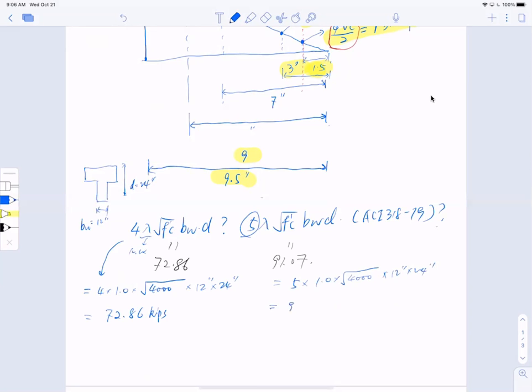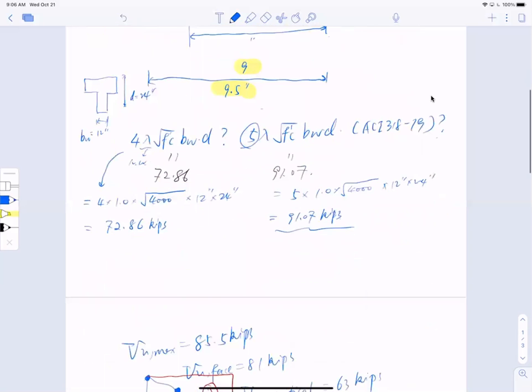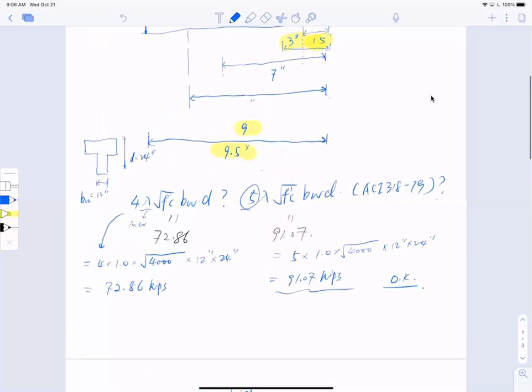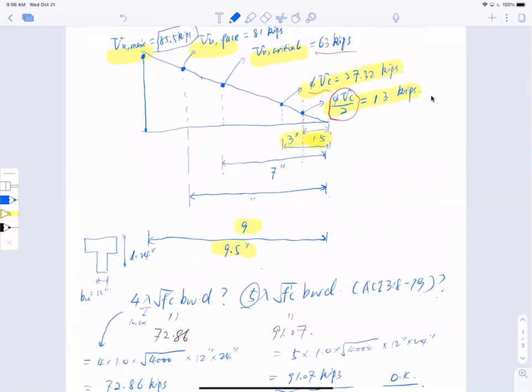We got this number to be 91.07 kips. Look at this number, 91.07. That is bigger than the maximum shear in this whole span, which is 85.5. So we're okay. You will not run into the scenario that your section is not large enough.